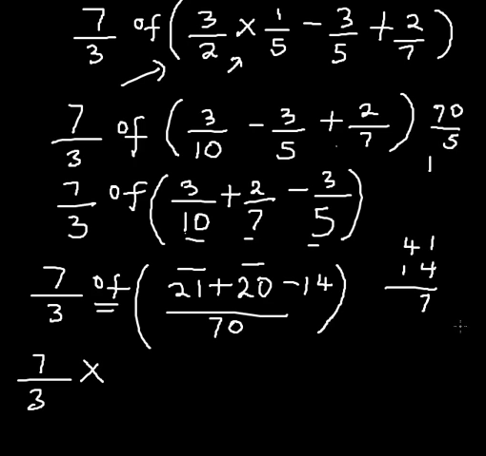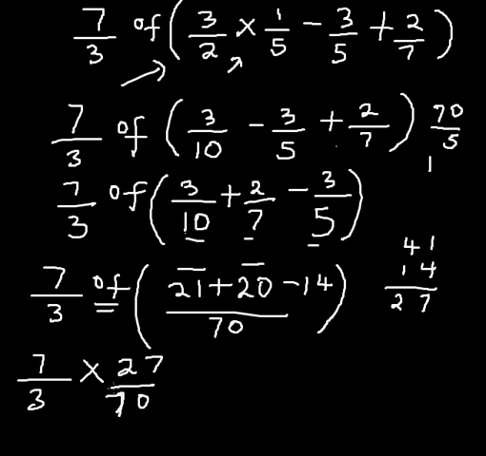Then 3 left here, 3 minus 2 is 1. So I'm having 27 all over 70.